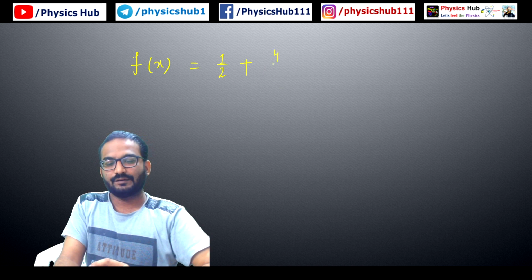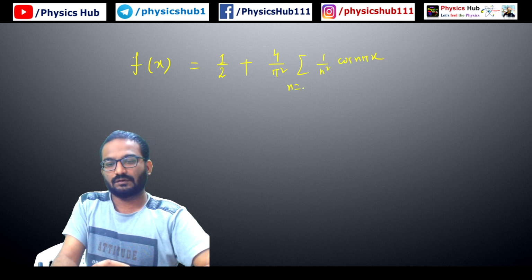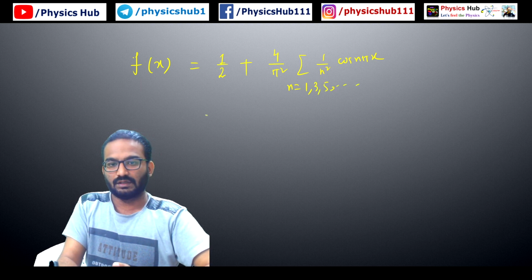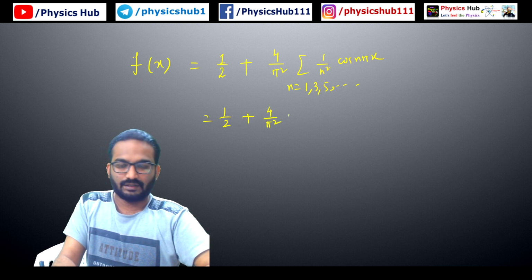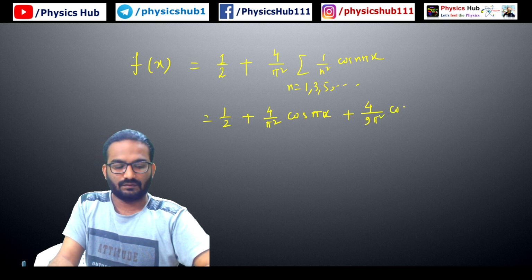So 4 by pi squared is taken outside, and the sum will be 1 by n squared cos n pi x, where the values of n will be selective: 1, 3, 5. So this will give you half plus 4 by pi squared, if you take n to be 1, cos pi x, plus 4 by 9 pi squared cos 3 pi x, and so on.